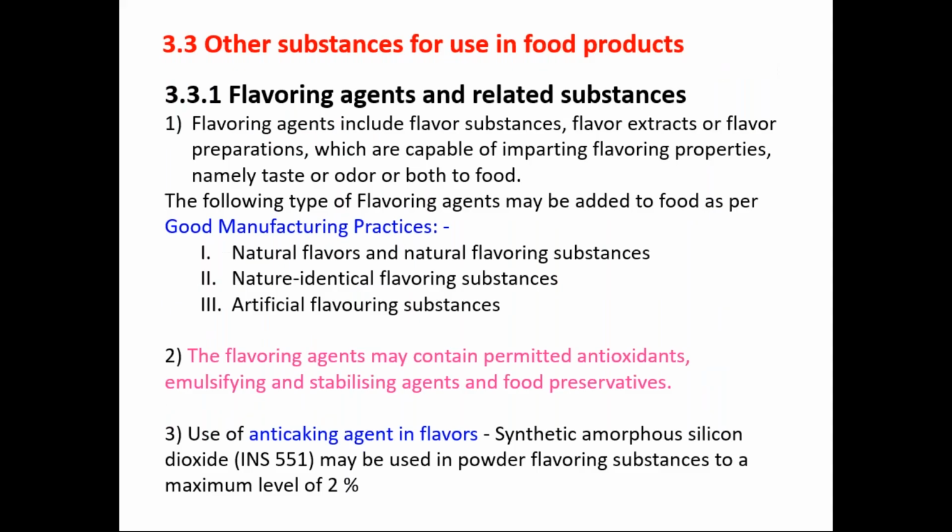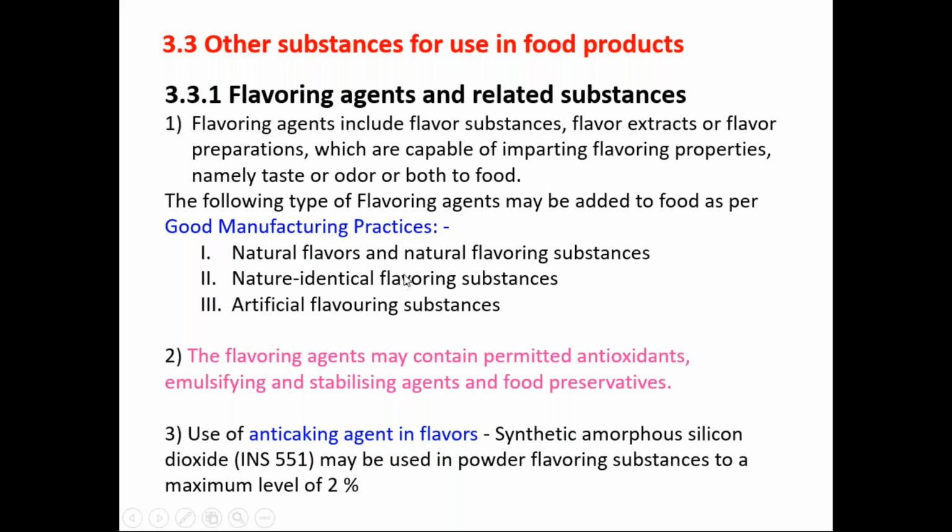Then in the same chapter, we have other substances for use in food products, and these include the flavoring agents and related substances. So here it says, just as a food additive can be added, the flavoring agent can be added to the food as per good manufacturing practices. So the following flavoring agents are allowed: all natural flavors and natural flavoring substances, nature identical flavoring substances, and artificial flavoring substances.